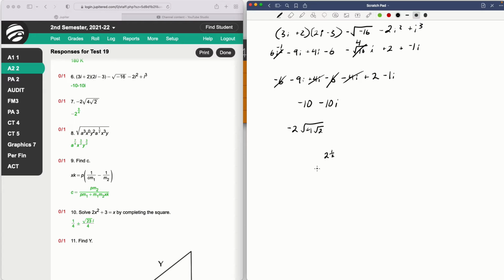And then we have the square root of 4, that's going to be 2, so that's going to be times 2. And then we have negative 2. Just like that. I think that's right.